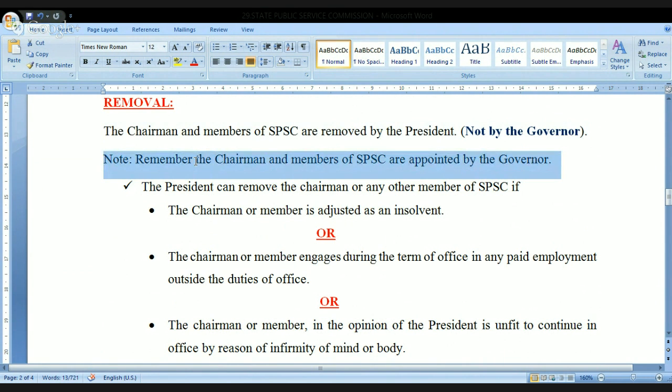Remember, the chairman and members of the State Public Service Commission are appointed by the governor. Look at this.